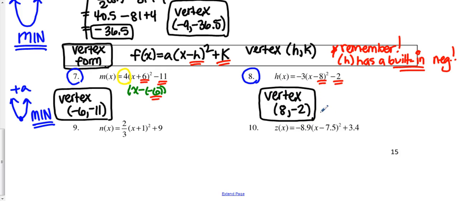And all I need to do is decide, what does a tell me, so that I know if this is a min or a max. Well, I see that I've got a negative a, which means the parabola will open down, creating a max, a maximum value.